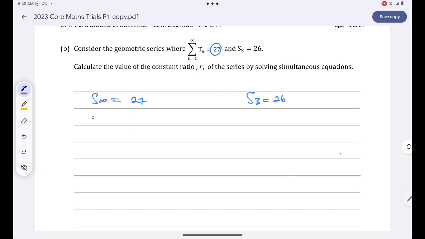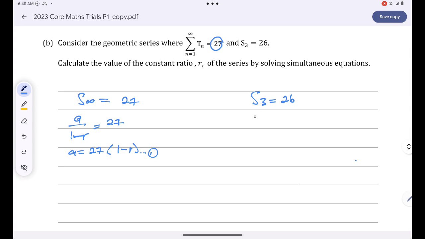So over here, I know that the equation simply says a over 1 minus r is just equal to 27. Are you together? And hence a is just equal to 27 multiplied by 1 minus r. This will just give me my first equation.